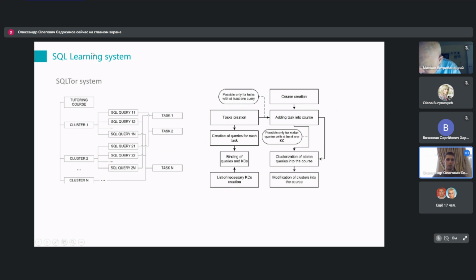And the tutoring course is divided into clusters, where in each cluster there are similar SQL queries. And these queries are dependent and belong to different tasks.